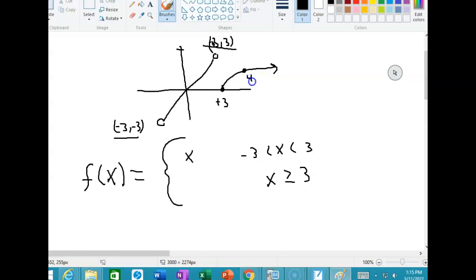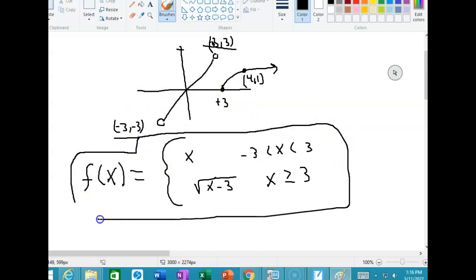Let's say I had 4, 1. So that would be the graph y equals the square root of x minus 3. Because it's really like the graph of y equals the square root of x moved to the right 3. Okay, and I noticed that if I were to plug 3 into here, I would get 0. If I were to plug 4 into there, I would get 1. So this is just an example, but again, you got to be prepared for anything, right?